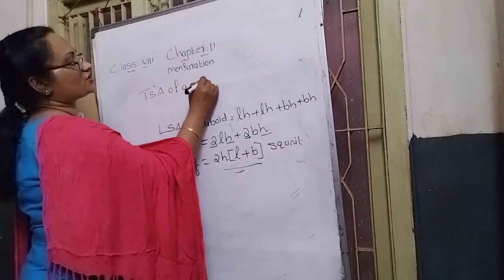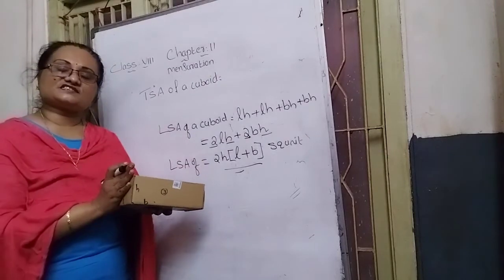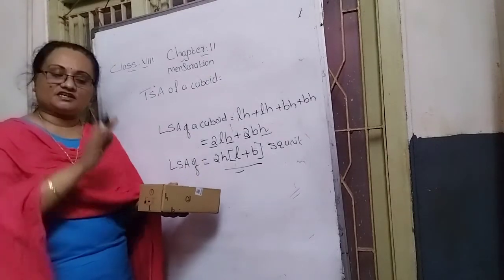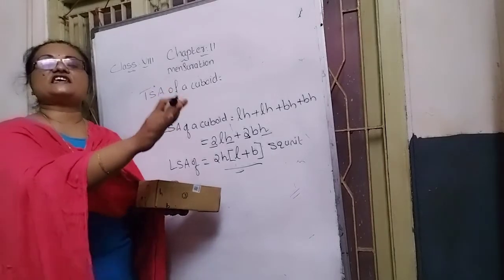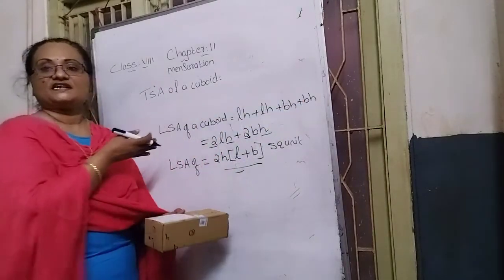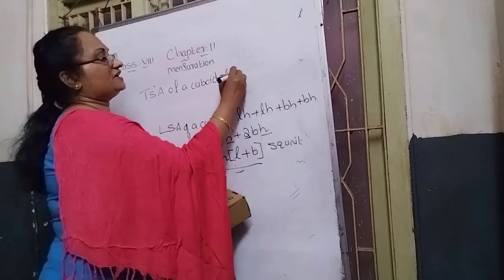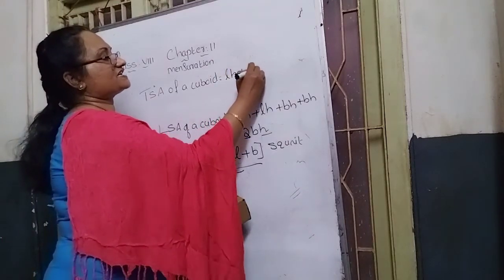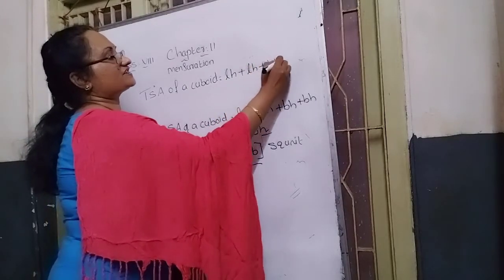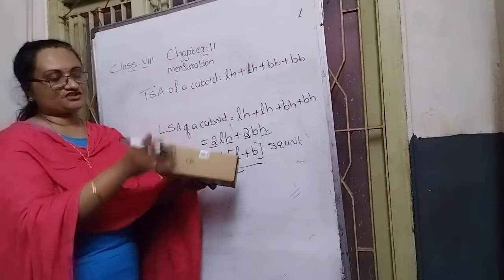A cuboid has how many faces? 6 faces. Each face is in which shape? A rectangle shape. We add the areas of all 6 rectangles. Already, for the lateral surface, we added the 4 faces: first face area plus second face area plus third face area plus fourth. Then the fifth and sixth faces mean top and bottom.